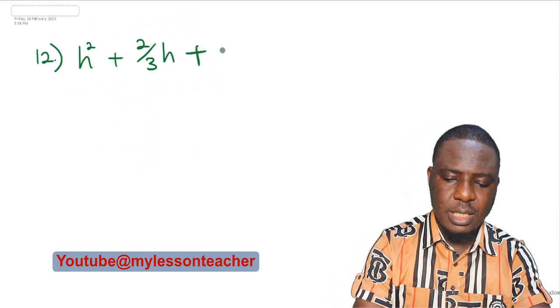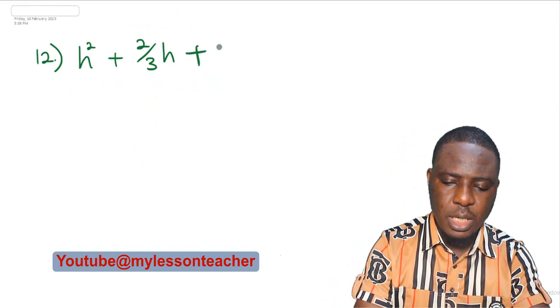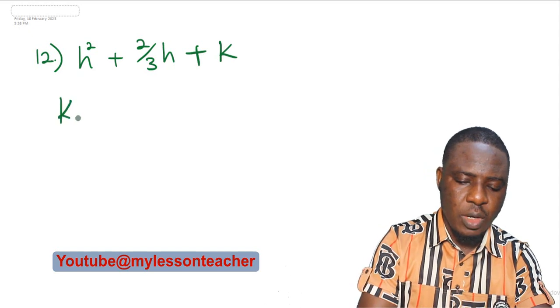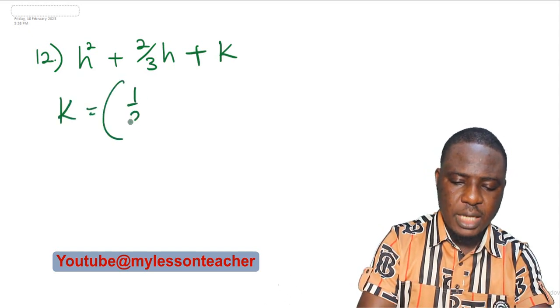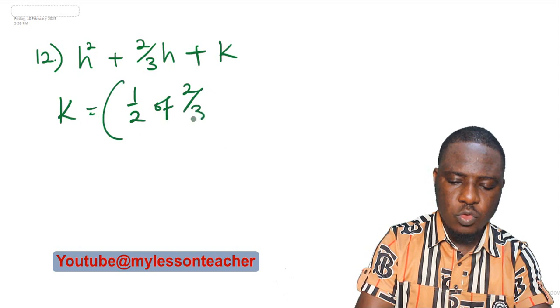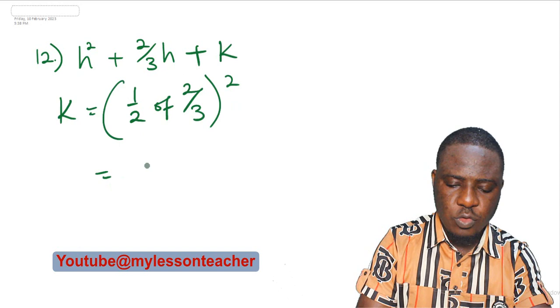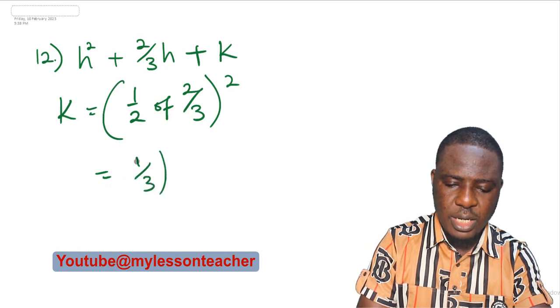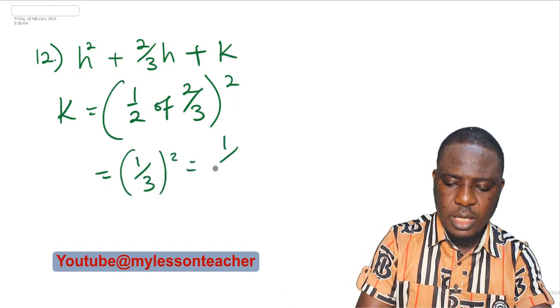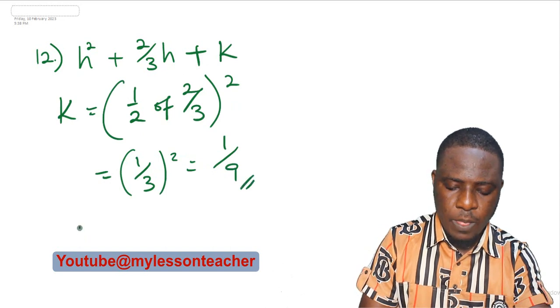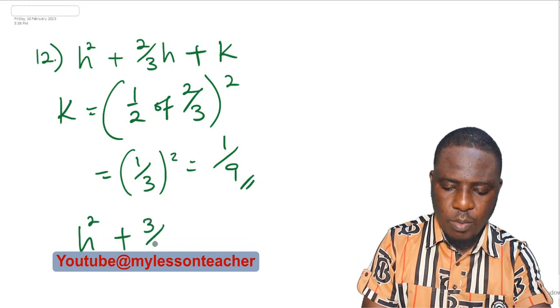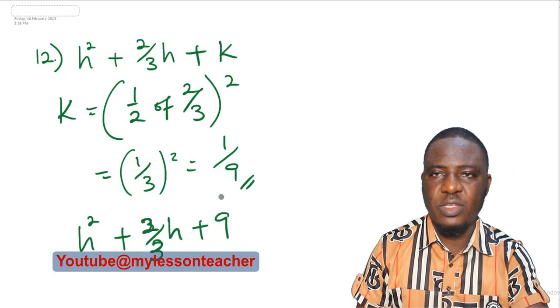So let that term be said to be k, of which k is defined as half of 2 over 3 all squared, and half of 2 over 3 is said to be 1 over 3, and 1 over 3 squared gives us 1 over 9. So 1 over 9 is that term that must be added to h squared plus 2 over 3 h, to make it a perfect square.